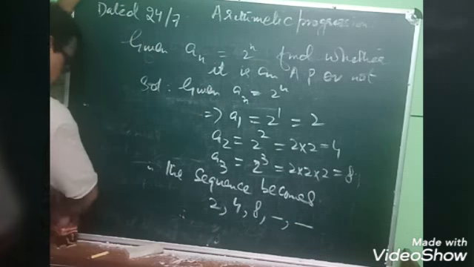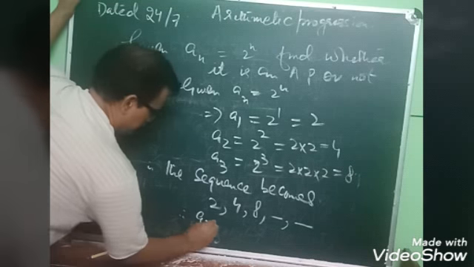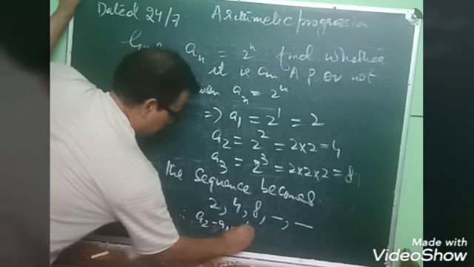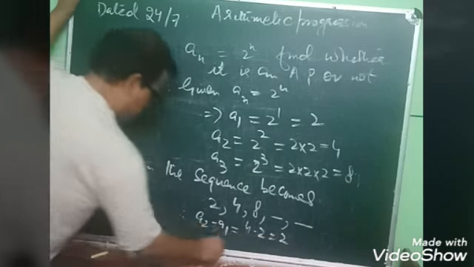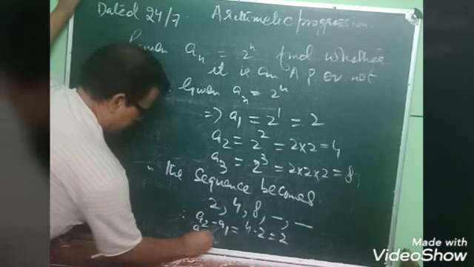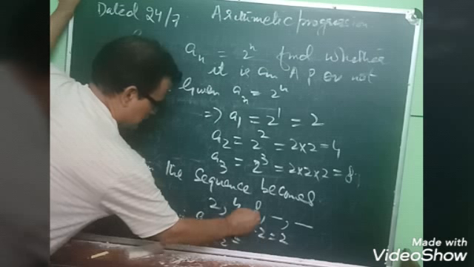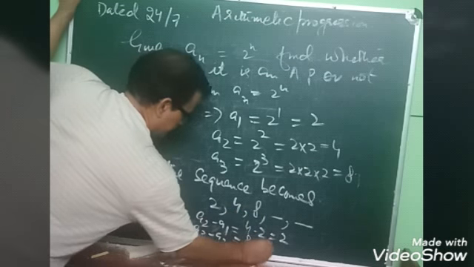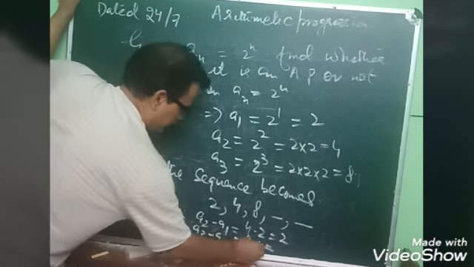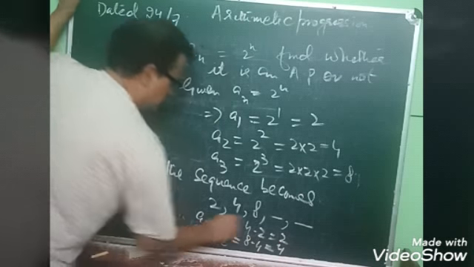Therefore a2 minus a1 is equal to 4 minus 2, that is equal to 2. a3 minus a2 is equal to 8 minus 4, that is equal to 4.